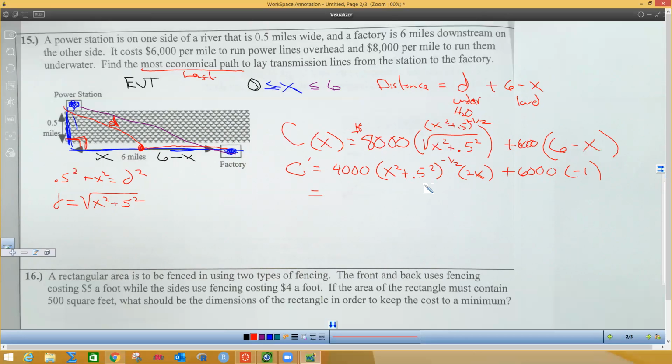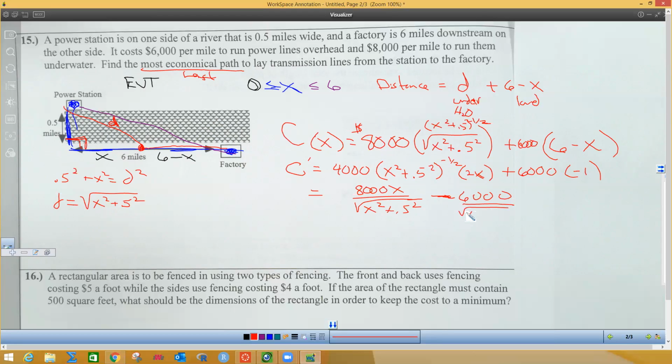So I'm going to simplify this derivative. And let's see, I've got 2x times 4,000. That's going to be 8,000x over the square root of x squared plus 0.5 squared, plus minus 6,000. Okay, so what I need to do here is get a common denominator over here.